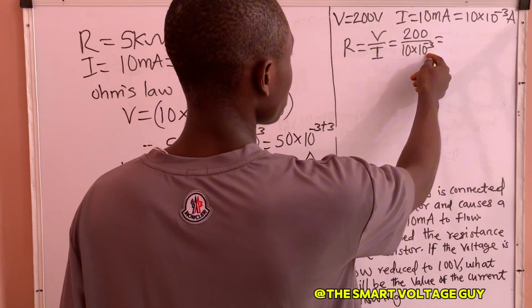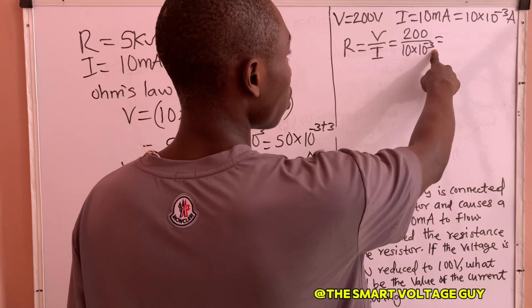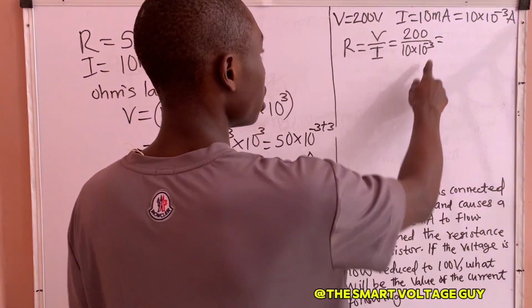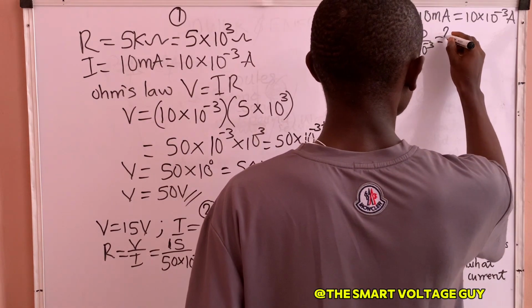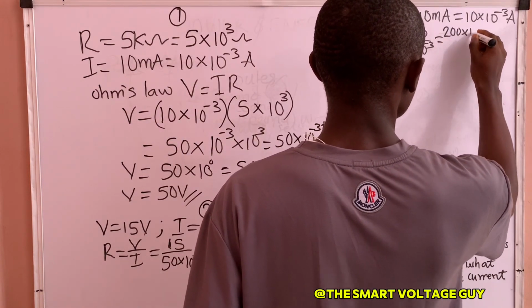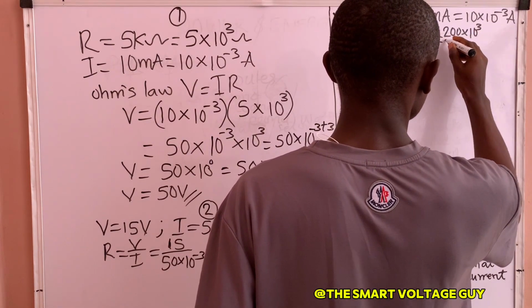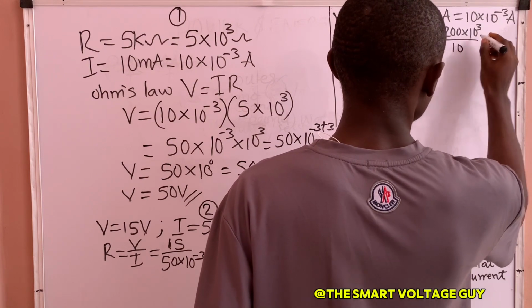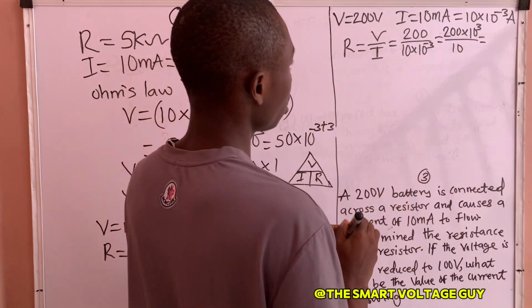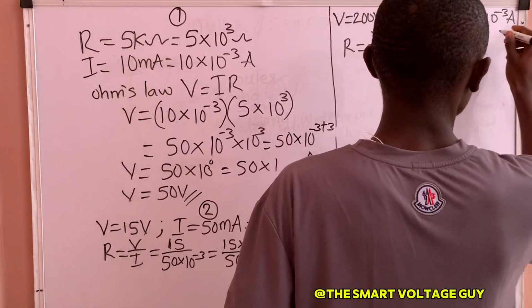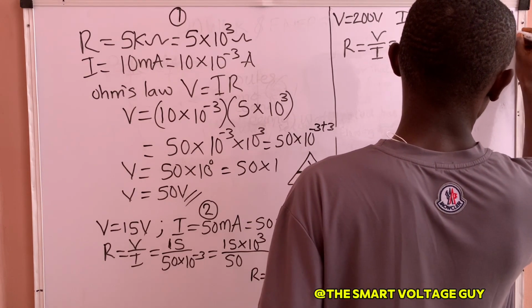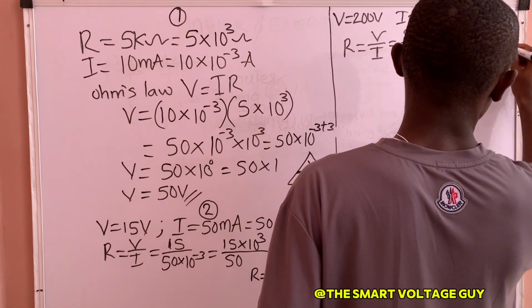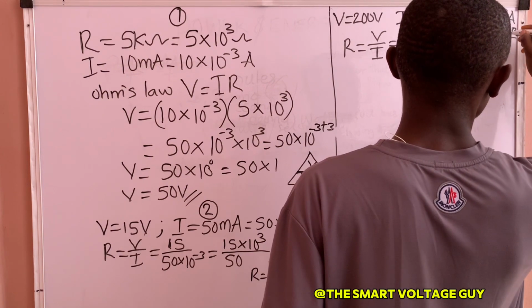If this 10 raised to the power minus 3 crosses to the numerator, it will change to positive 3. So it will be 200 times 10 raised to the power 3 divided by 10. So therefore, this will be 200,000 divided by 10.